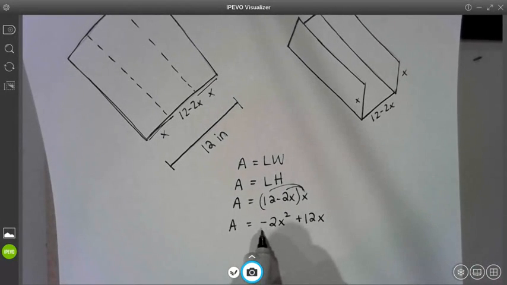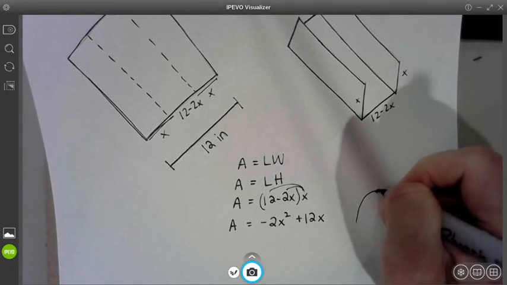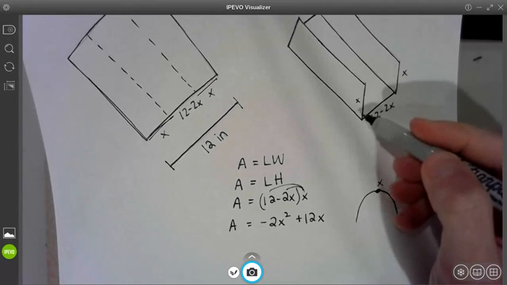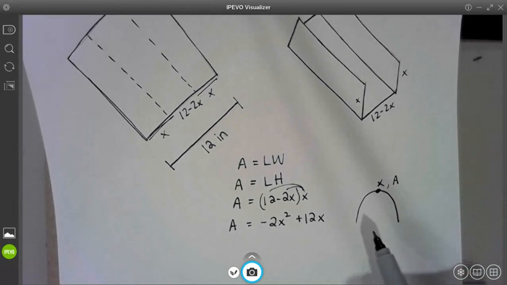Since it's got a negative leading coefficient to this quadratic equation, we know it's represented by a parabola that opens down. So the way this works is x goes in as the depth of that cut, and then the area of that cross section will come out. So if they want to know what depth will provide maximum cross-sectional area, they need the x coordinate of the vertex.